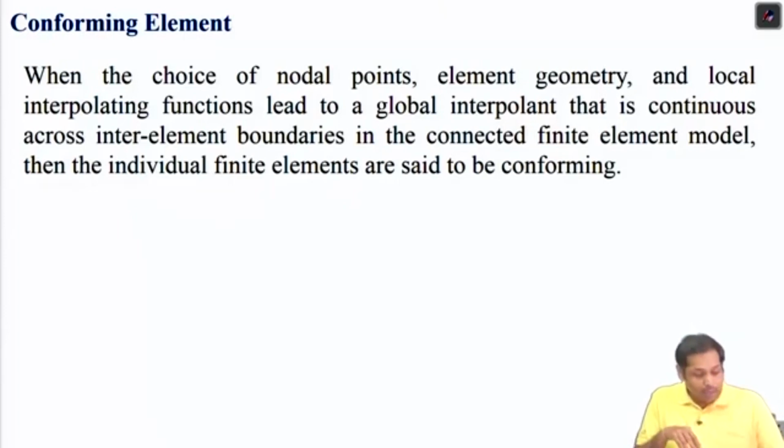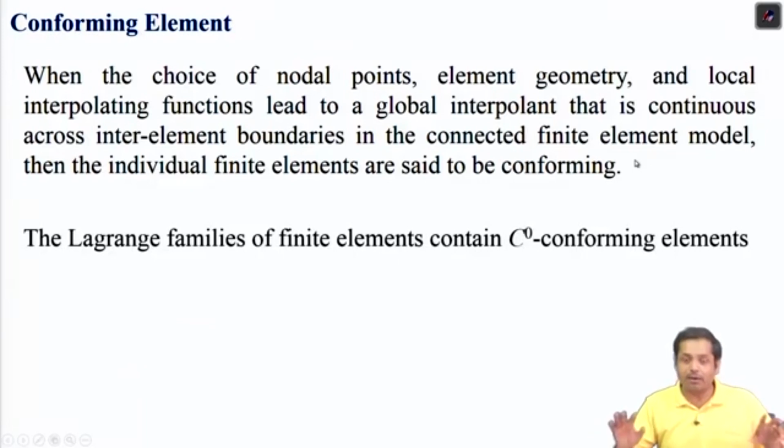Now, in all the discussion we have had so far, we have derived the shape functions of elements in the Lagrange family, where only the interpolation of the primary variable is the concern, right?